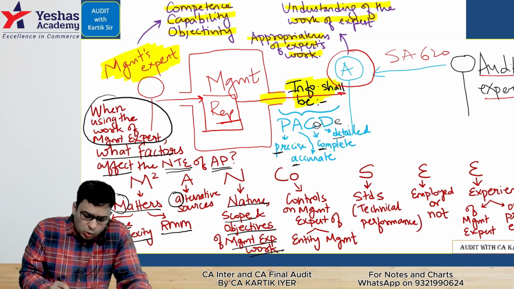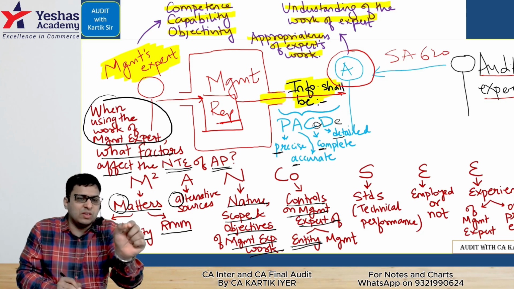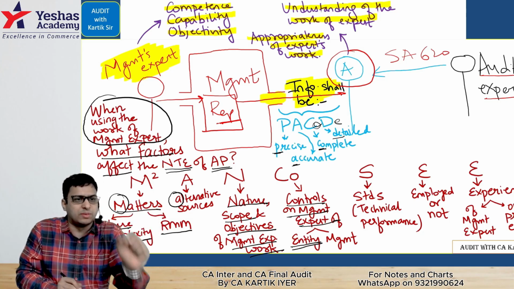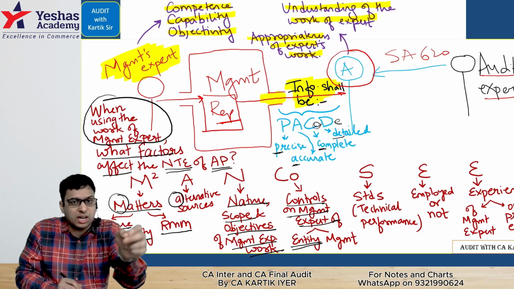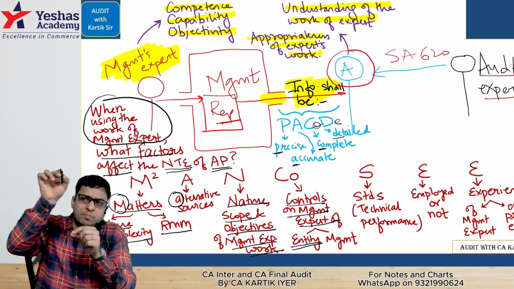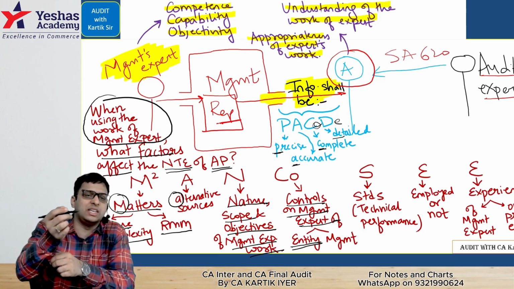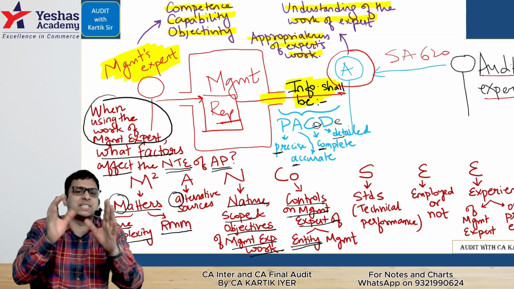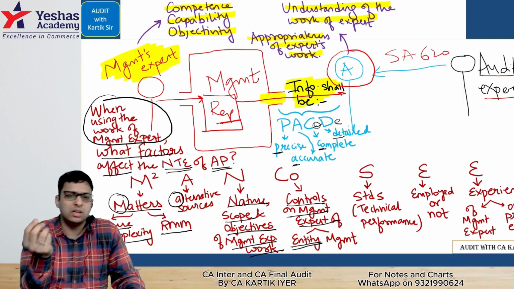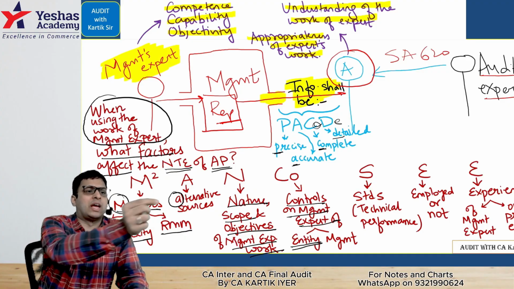Next, control on the management expert with the entity. So basically, what controls the entity has in place regarding the management expert and the management expert's work. And second, does the management of the entity have control over the management expert? Because then the expert's report will be biased. Example: the management of the company is a related party to the management expert.